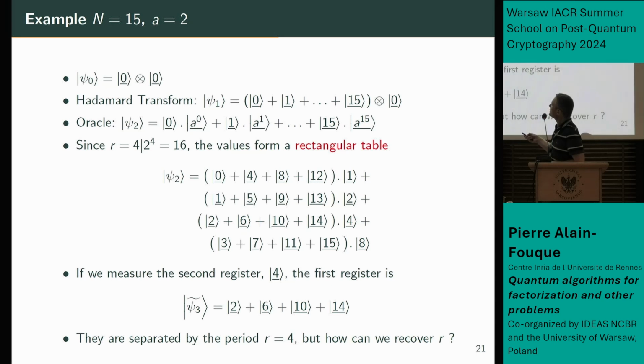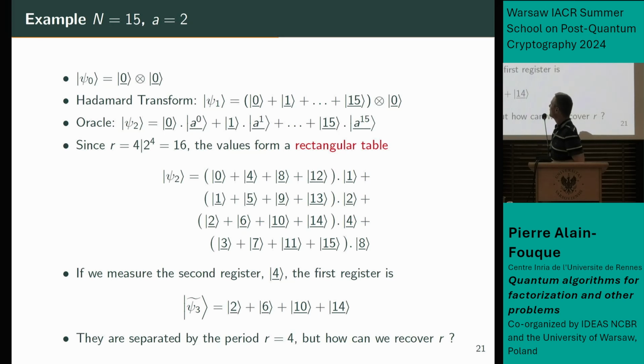If I rewrite this state here, you can see that, since I assume that r is a divisor of 2 to the n, for each row I have the same number here. And here you can see only this value.